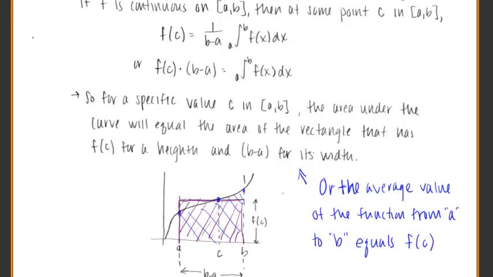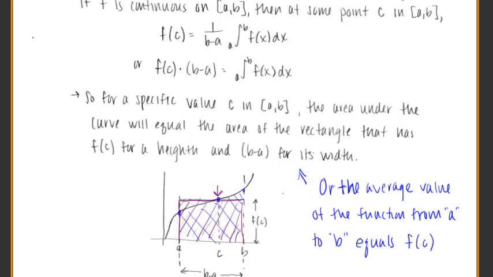And that's for a very specific value C, just like for a very specific value C in the mean value theorem for derivatives, that we'll get those two slopes to be equal. For a very specific value C in here, we'll get the area to equal the average value there.